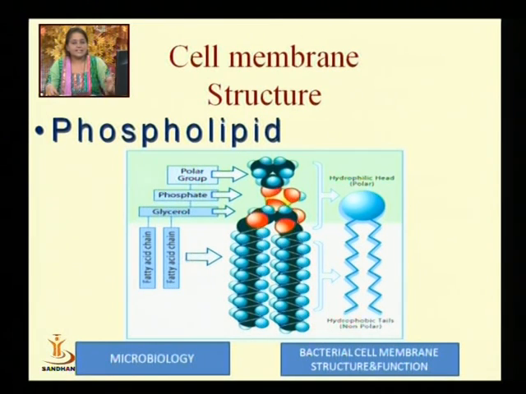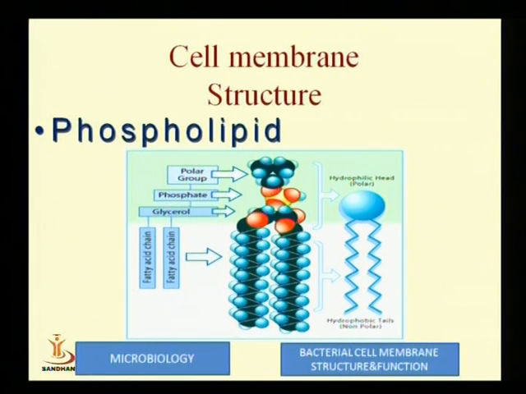Now, let's see the detailed structure of phospholipid. Phospholipid is the abundant lipid present in the cell membrane. It has two types of ends. One is polar and the second one is non-polar. The polar end is hydrophilic.